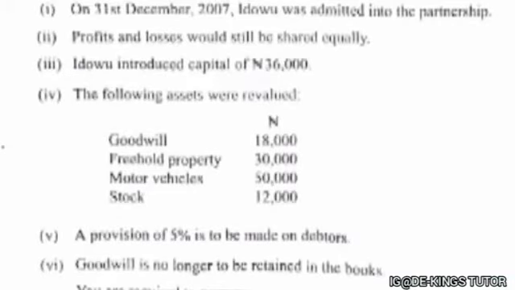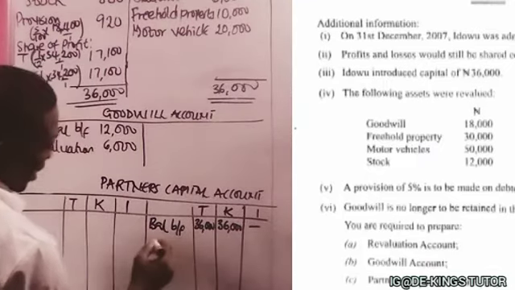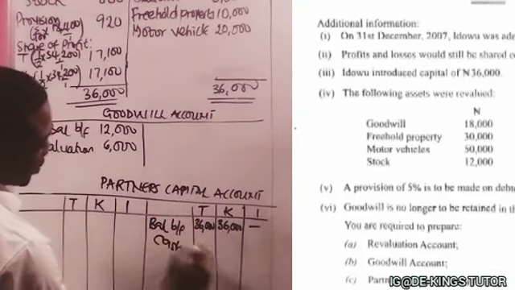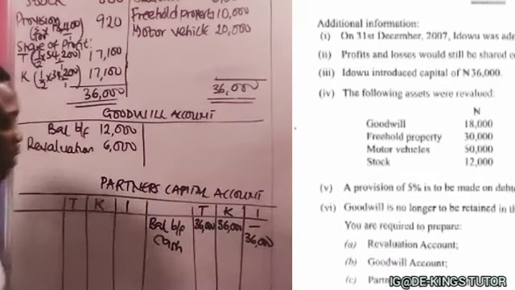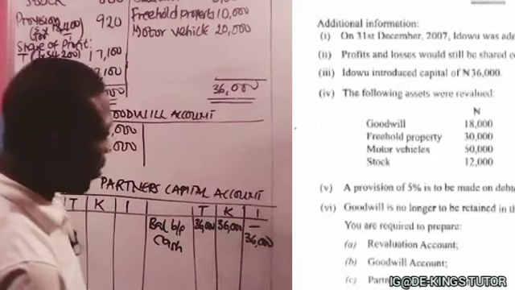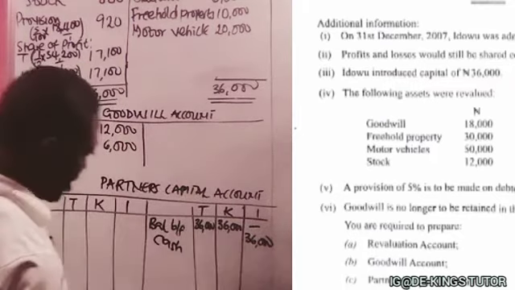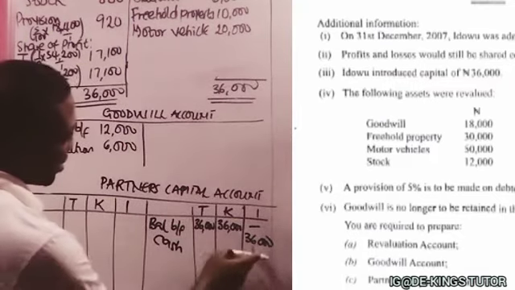If you also check there, they said Idowu introduced capital of 36,000, which is cash that he brought. Okay, so we have cash that was brought by Idowu, 36,000. We have treated capital account before. Please check the previous video. So 36,000.